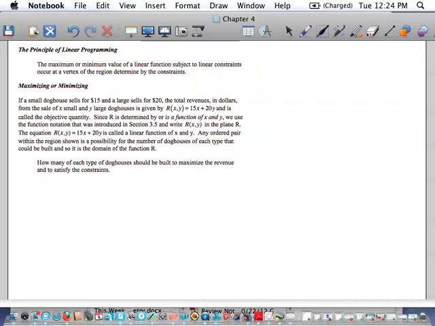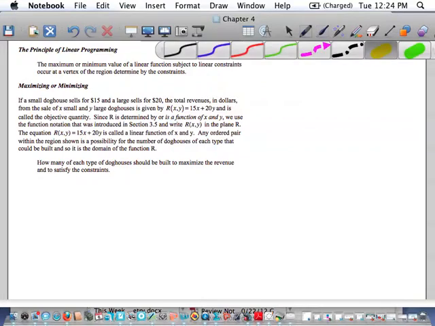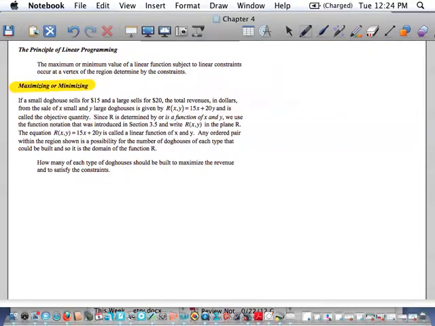So now maximizing or minimizing, if a small doghouse sells for $15 and a large doghouse sells for $20, the total revenue in dollars from the sale of X small and Y large doghouses is given by the function R of x, y equals 15x plus 20y and is called the objective quantity.